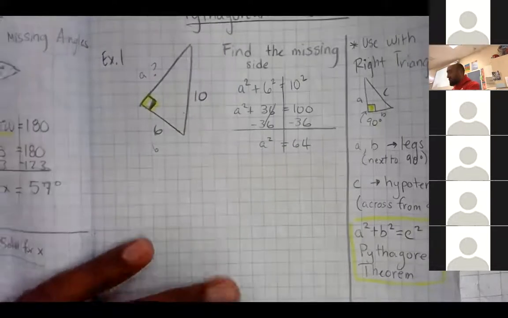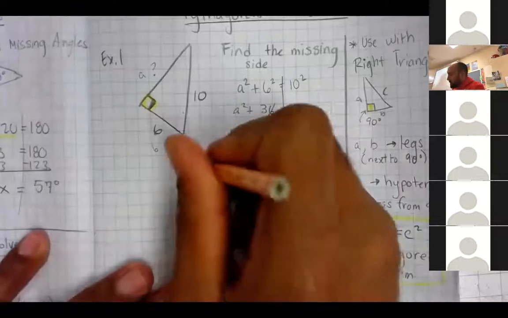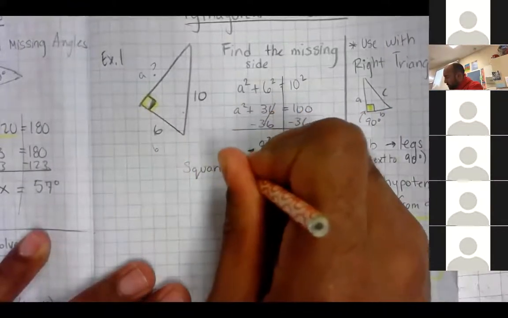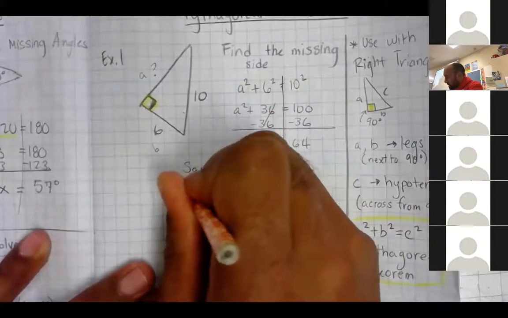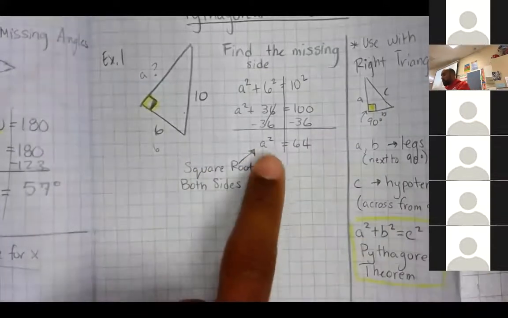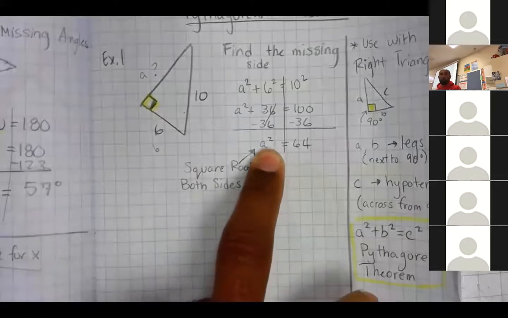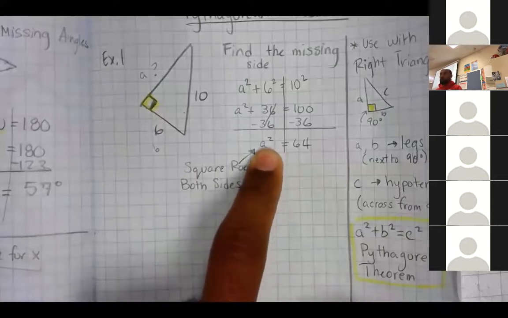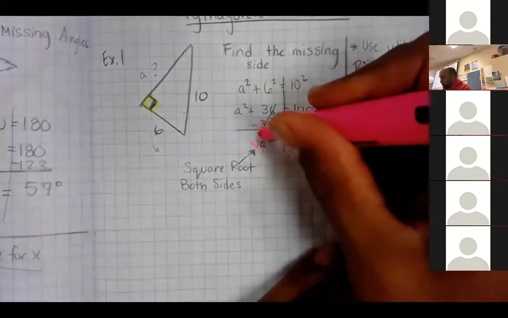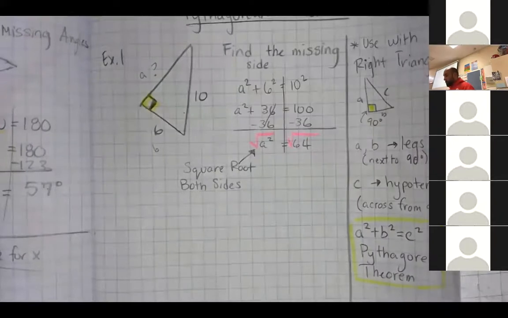And now here's the key step, is that you need to square root both sides. Anytime you guys see a square on your variable, if it's x squared, b squared, c squared, r squared, z squared, whatever squared, you're going to square root both sides of the equation to solve it.